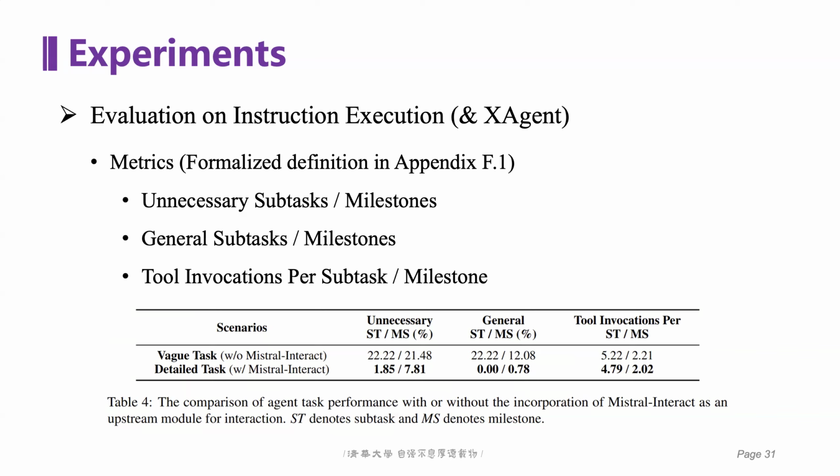That means with the clearer task goal, the downstream X agent that carries out this task does not need to invoke the tools so many times to fulfill the user's needs. So the tool invocation numbers here actually decrease. And this reflects the effectiveness of our trained upper stream module.